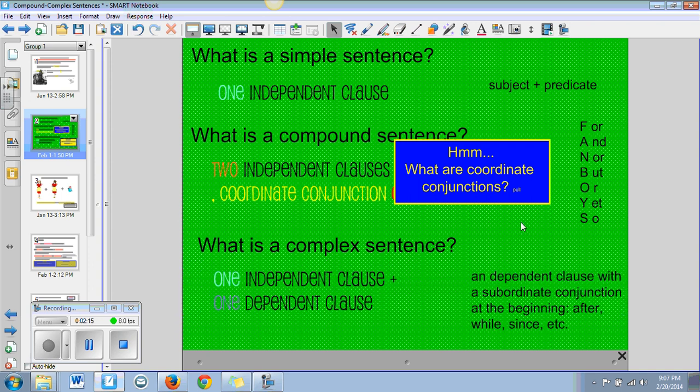Please remember that your dependent clause has a subject and it also has a verb, but there is a subordinating conjunction at the beginning of that clause. So it's after, while, since. That subordinating conjunction makes that clause dependent.